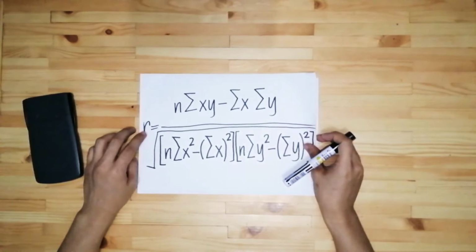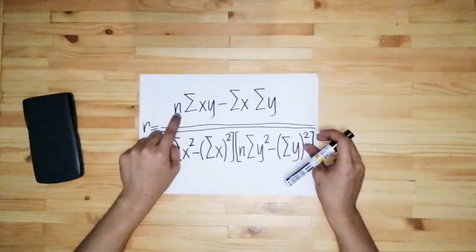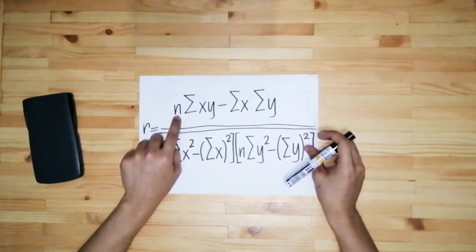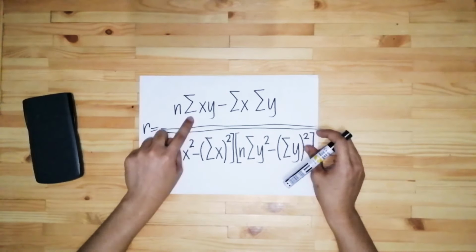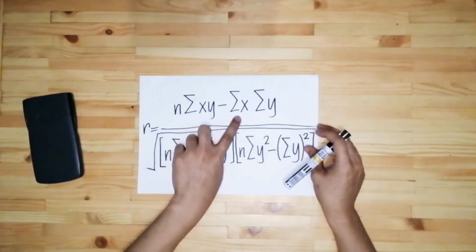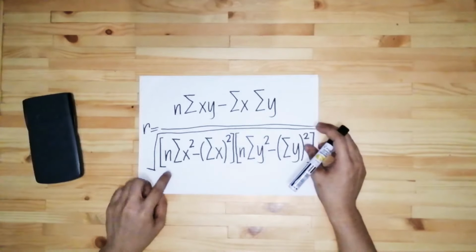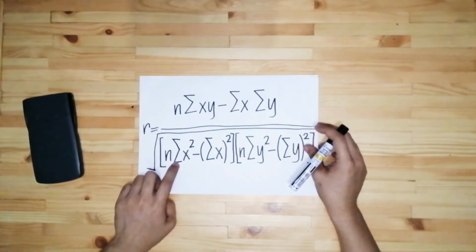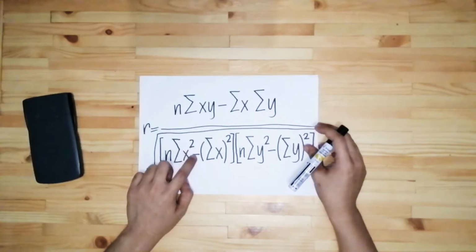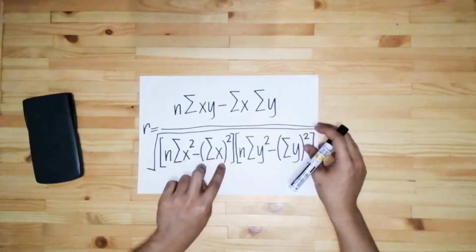That is R, equals, yung N is the number of samples, N, summation of x, y, minus summation of x times summation of y all over the square root of n times summation of x squared minus summation of x quantity squared.